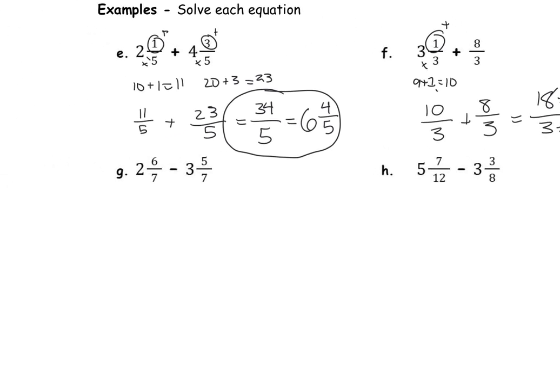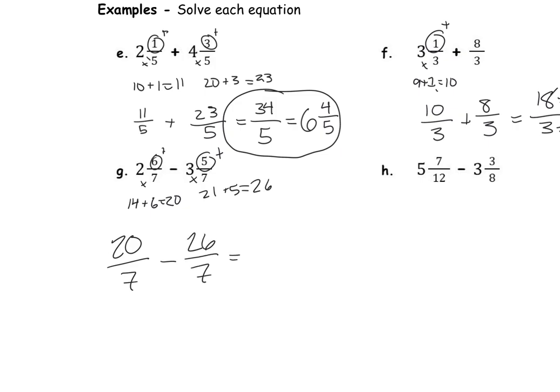Example G here, I've got 2 and 6/7 minus 3 and 5/7. Multiplying here, 2 times 7 is 14, plus 6 is 20. So I got 20 over 7 minus 7 times 3 is 21, plus 5 is 26. So it's 26 over 7.